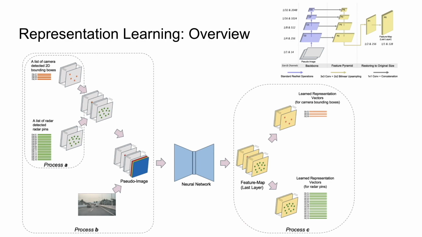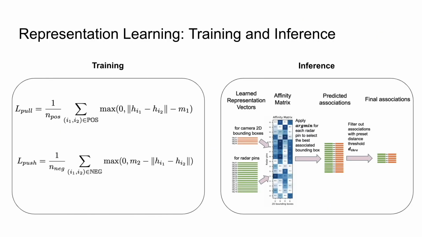At the last layer of the network feature map, we extract the learned representations for each bounding box and each radar pin at its pixel location. During the training, if one bounding box and one radar pin are associated, we pull together their representations. Otherwise, we push apart their representations.